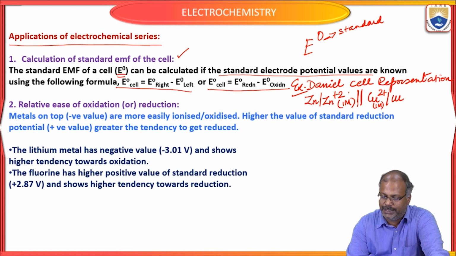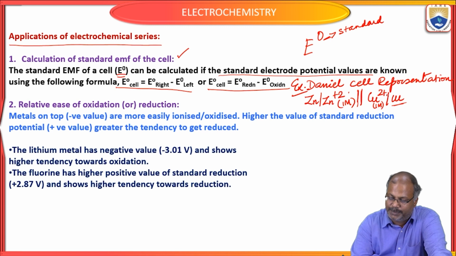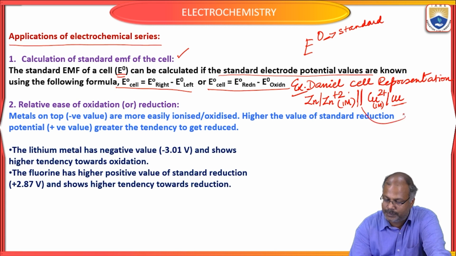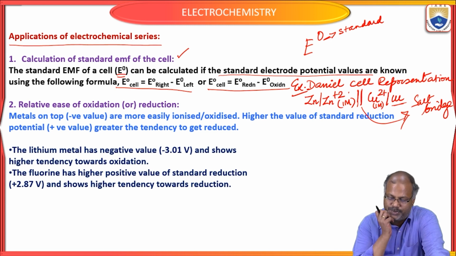Again the copper interface with copper solid metal is represented by a single dash. The double dash means salt bridge, whose function is to balance the overall charges.